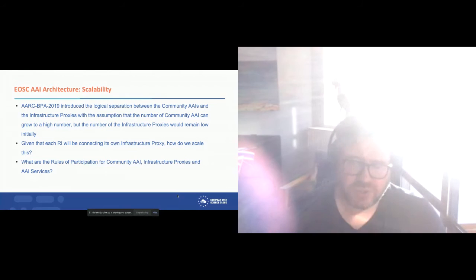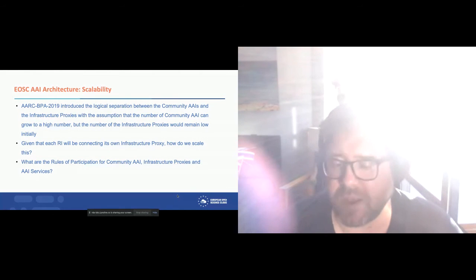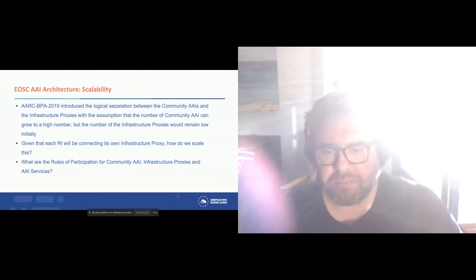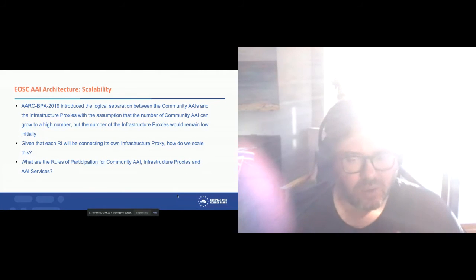And when we introduced that in the AARC Blueprint Architecture 2019, the initial assumption at the time was that we would be having a number of community AAIs that would grow quite a lot, many communities, many collaborations, but that the number of infrastructure proxies, those who are actually providing resources, would remain low. But this was not actually a correct assumption.